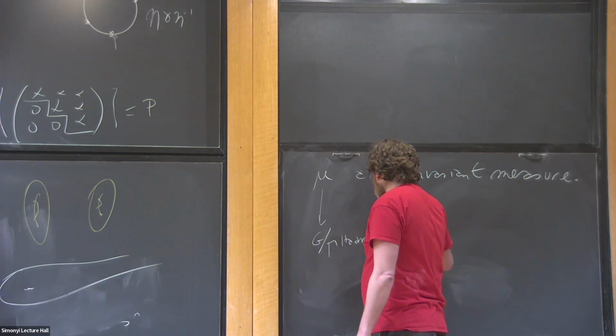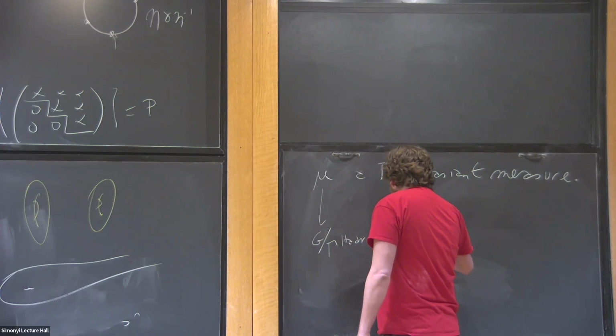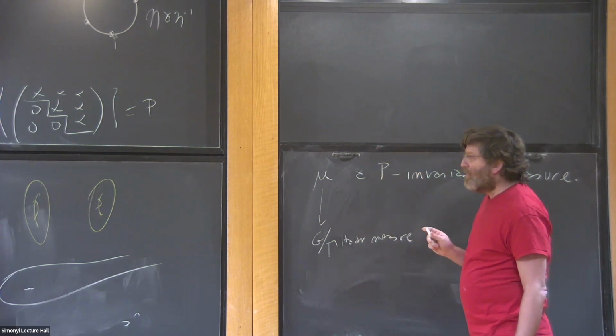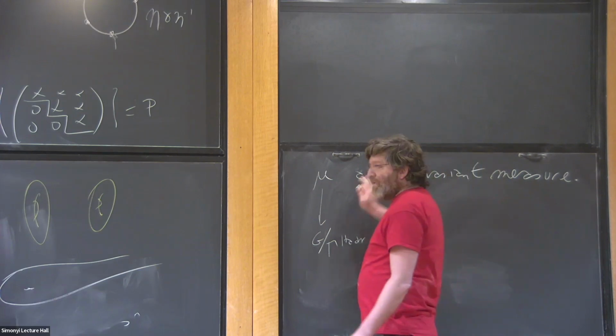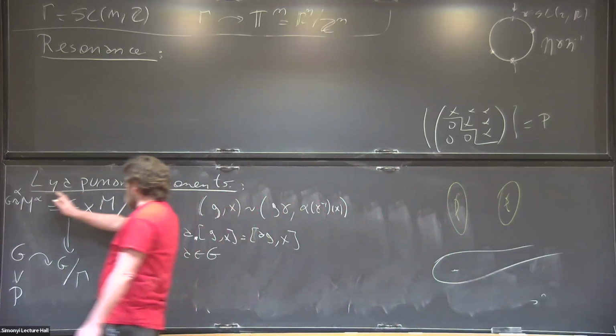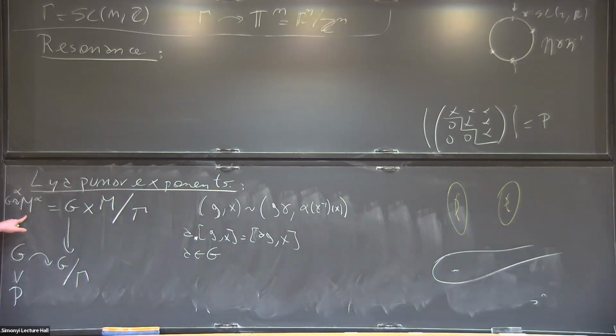Why do you have a P invariant measure? Because, okay, there are a couple of subtleties. Essentially, P is amenable. So in principle, if the M alpha were compact, you just average and you are happy. If the M alpha is not compact, the reason for non-compactness is because of the G mod gamma.